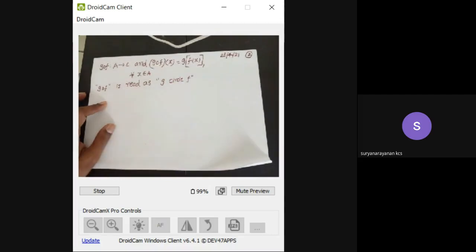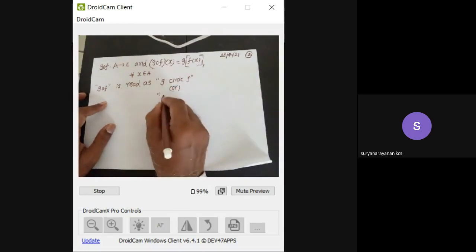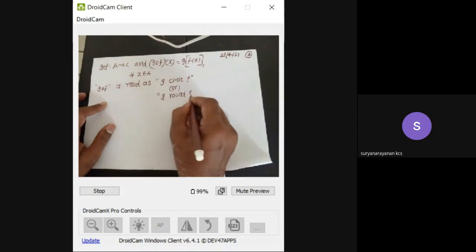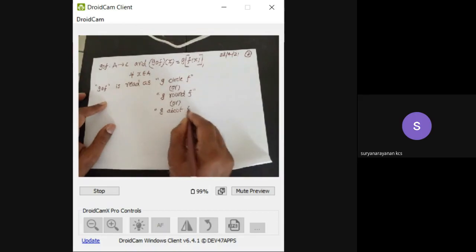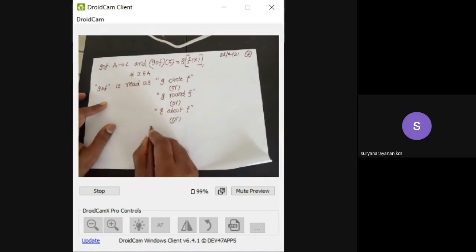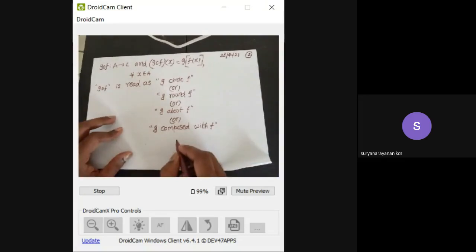This is read as G circle F, or G round F, or G about F, or G composed with F, or GOF.